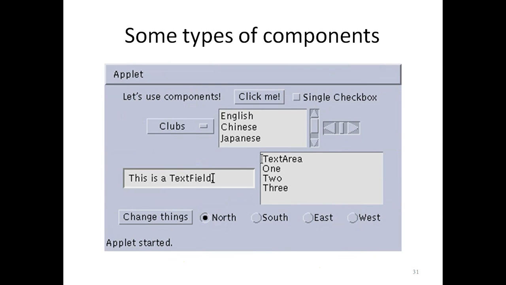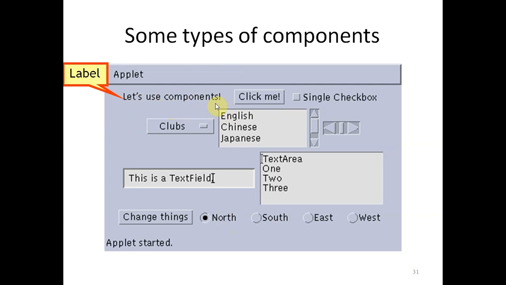So you can see here some components of the Java AWT, and later we will understand how to write programs for these components. First of all, this is a label.